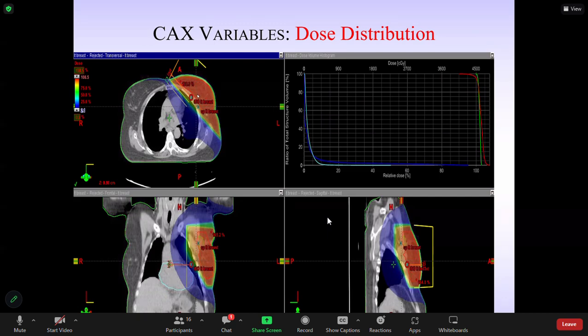The next thing you play with is the collimator angle so that it covers the right area. And the third thing, which is the most important actually, is where you place your isocenter. Obviously in the breast case we're going to have what is known as a half beam block.